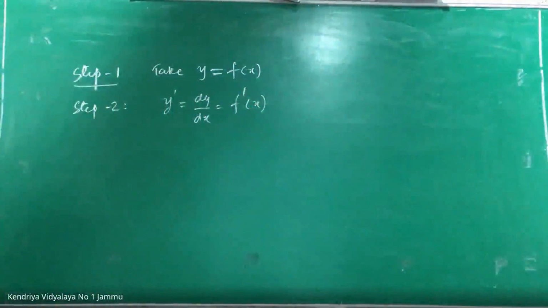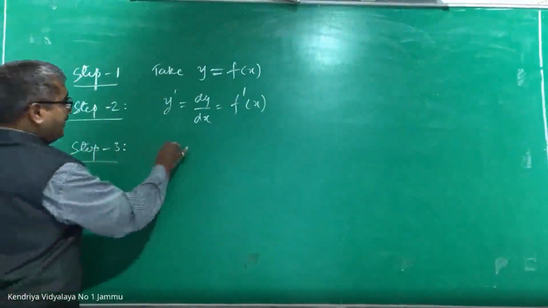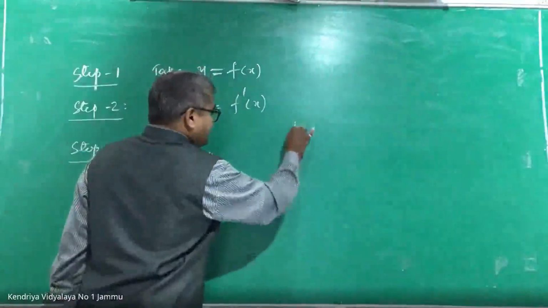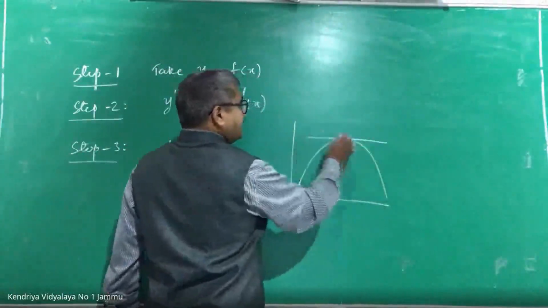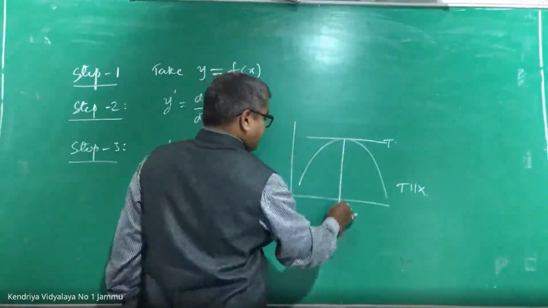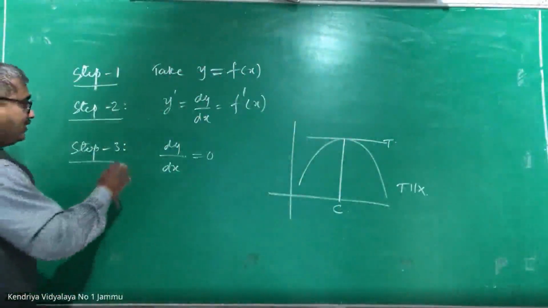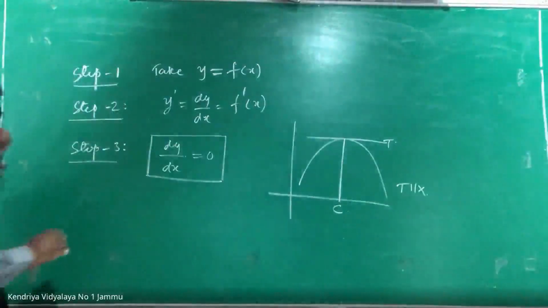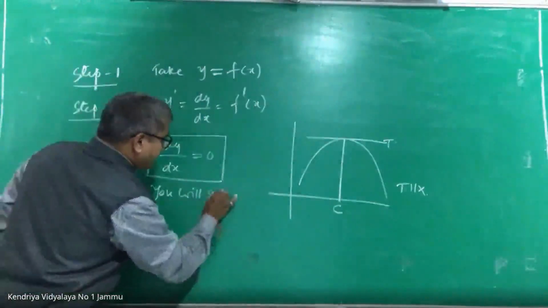ये स्टेप 2 है। स्टेप 3 आपको करना क्या है, dy by dx को इज इक्वल टू 0 करिए, इसका अर्थ यह है जब आप किसी भी कर्व का स्लोप 0 कर रहे हैं, इसका मतलब टेंजेंट इज पैरेलल टू द एक्स एक्सिस। तो आप यहां पर क्रिटिकल पॉइंट्स को आइडेंटिफाई करने के प्रयास कर रहे हैं। ये जो थर्ड स्टेप है बहुत इंपॉर्टेंट स्टेप है, जिसके जरिए यू विल गेट critical points.